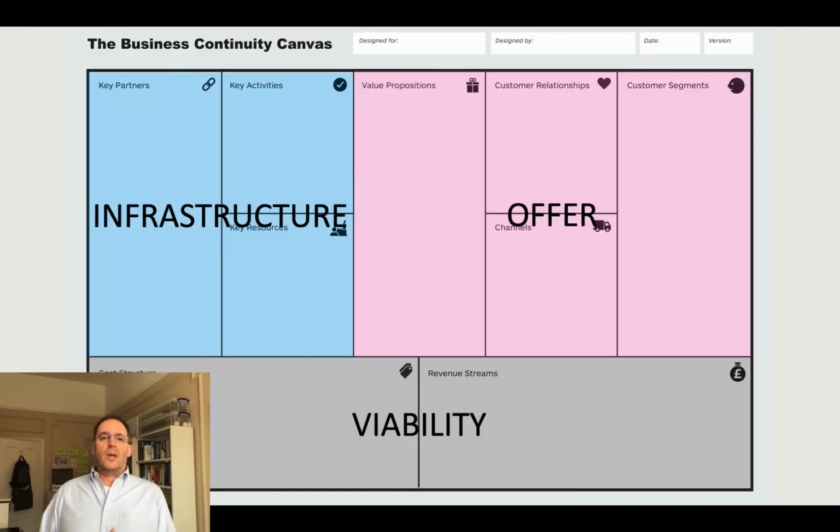Okay, so we saw this earlier, and perhaps now is a good time to think about your overall business model and the business continuity in terms of these three areas. Think about your offer.